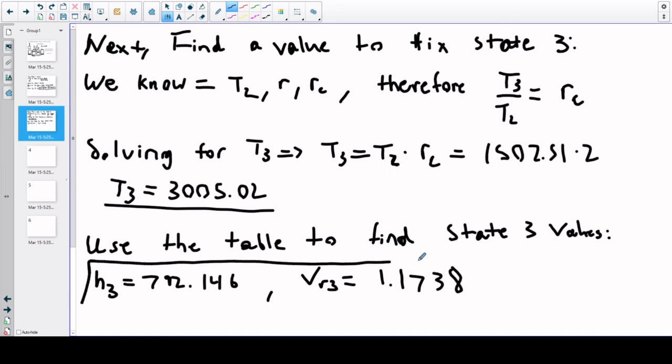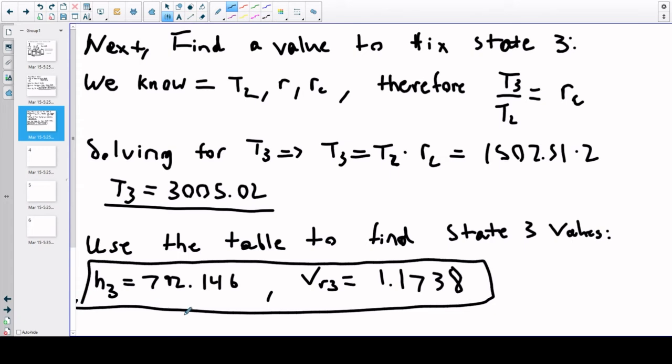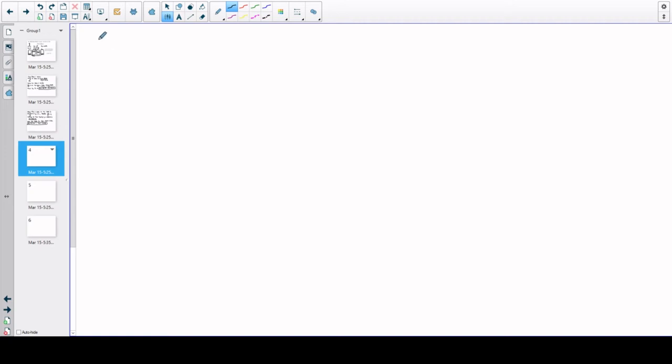So they're pretty close to right on the money. And so you get those two values. VR3 is 1.1738. And so VR3 is then used to find the next state, similar to how we found state 1 to 2, but it's a little different equation instead of just using the compression ratio.